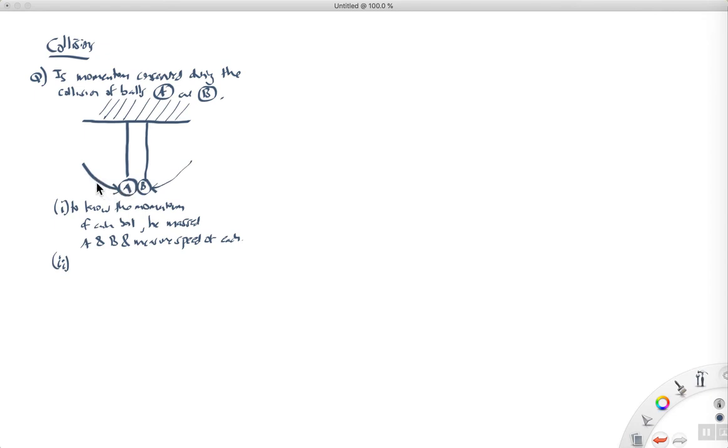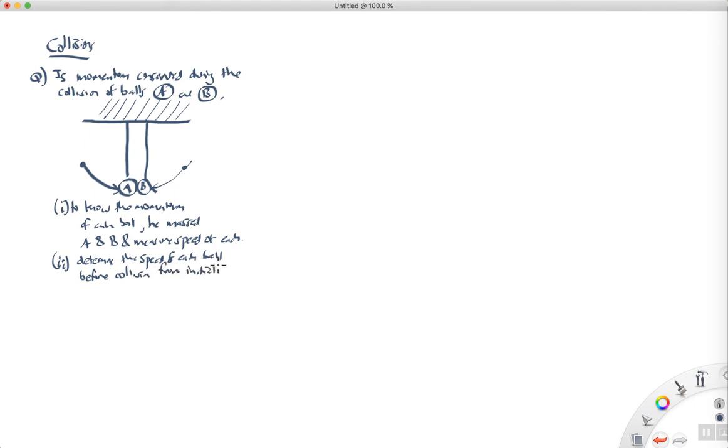For example, if you pulled this ball up to a certain height, to this point right here, then it was fairly well known at this time what speed it would acquire on the way down from that height. And likewise, if you pulled this ball up to some height, you could deduce the speed that it acquired on the way down. So he could determine the speed of each ball before the collision from the initial height of each.